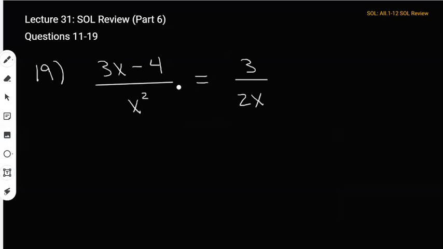When I set these fractions equal to each other, that means that the numerators must be equal and the denominators must be equal. This is called a rational equation.